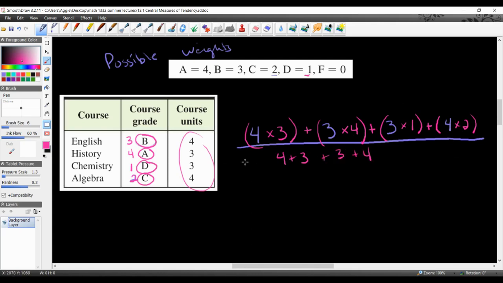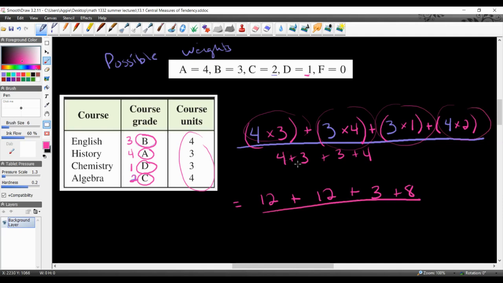Then we just calculate this out. So 4 times 3 would be 12. 3 times 4 is also 12. Plus 3 times 1 is 3. 4 times 2 is 8. So all I did is I calculated these things right here, divided by 4 plus 3 is 7, plus 3 is 10, plus 4 is 14.